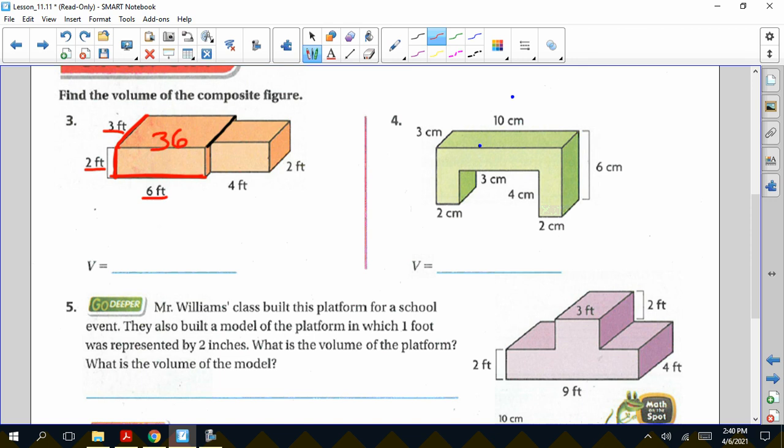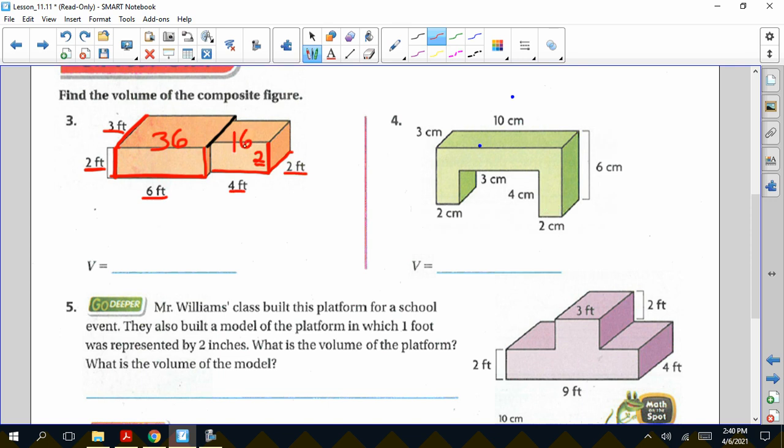On the smaller one, we have a length, we have a width, but we're missing the height. So we have to look around for this measurement. Well, if we keep looking around, the height is the same all the way across, and it's 2 feet. So our length times our width is 8, times our height is 16.